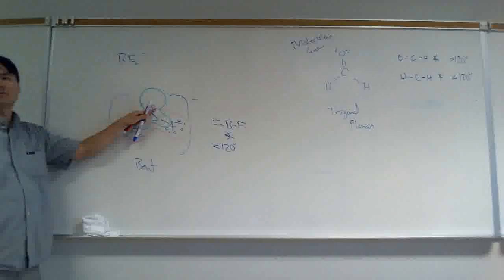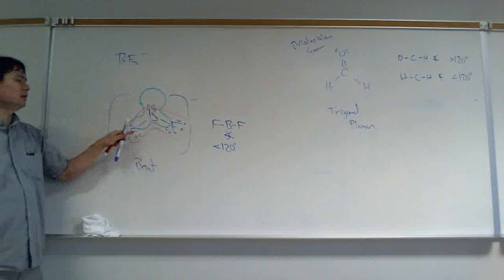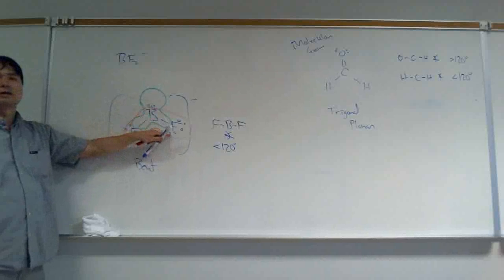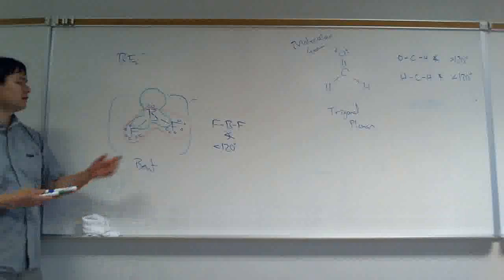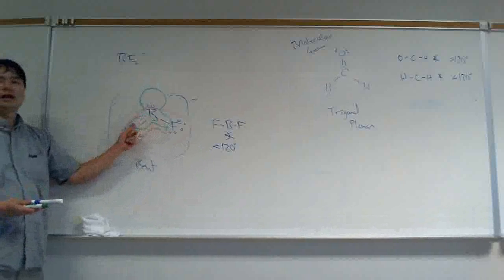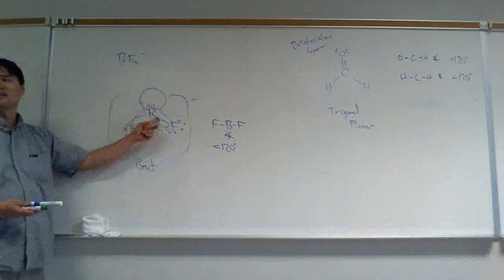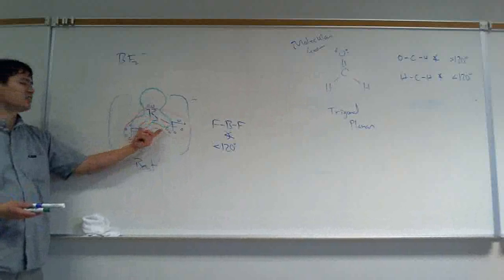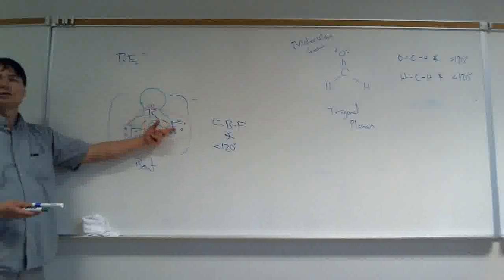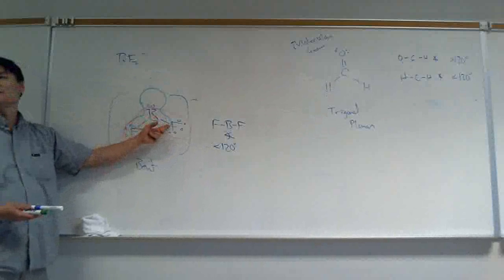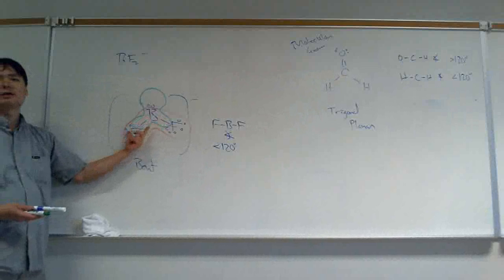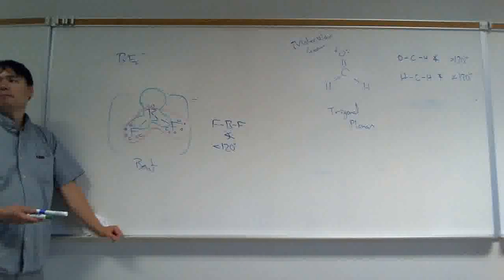What we see are the atoms. If you were to shine X-rays at this, we're going to pinpoint the atoms, and the atoms are going to show a bent geometry.